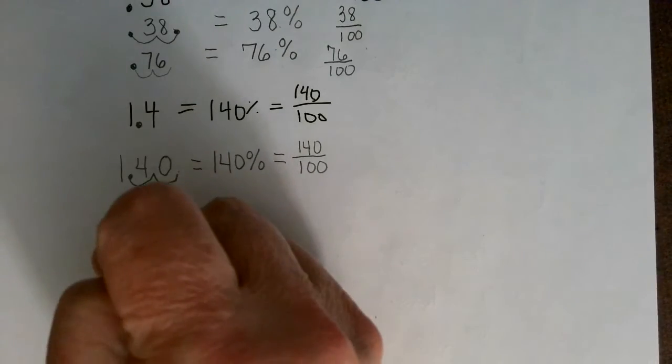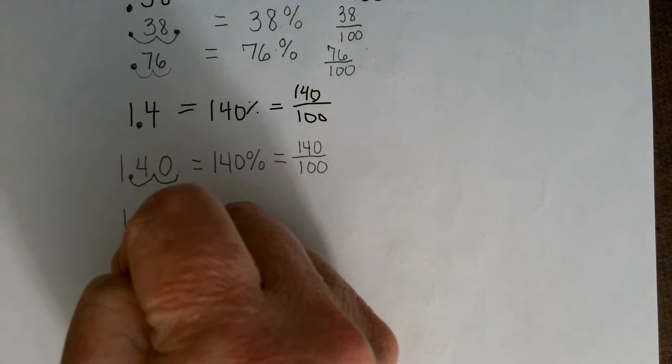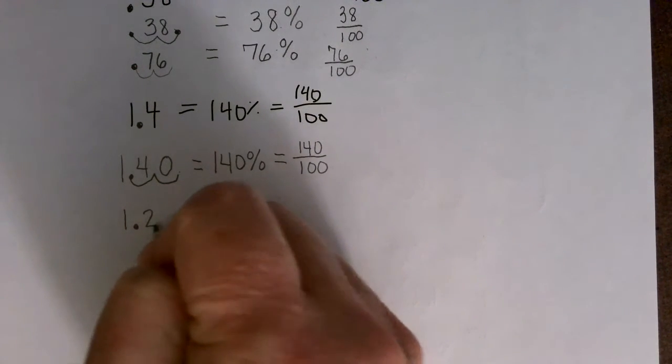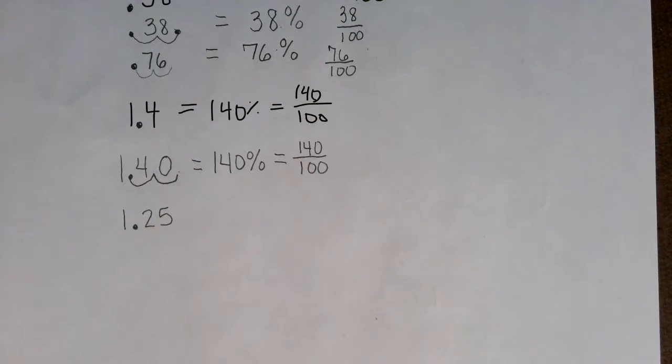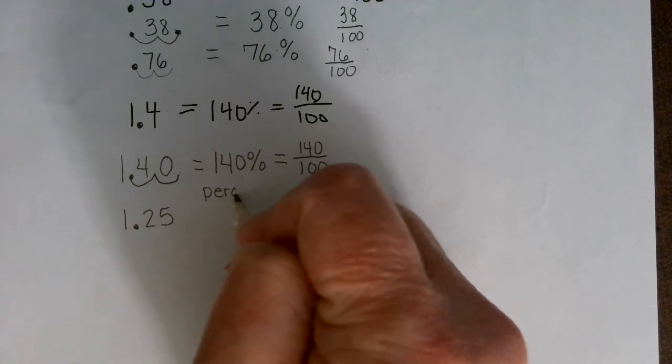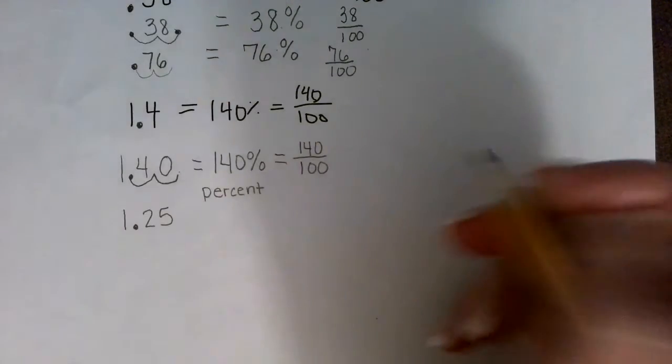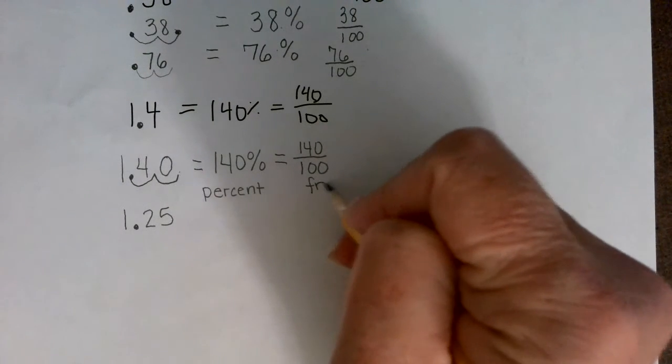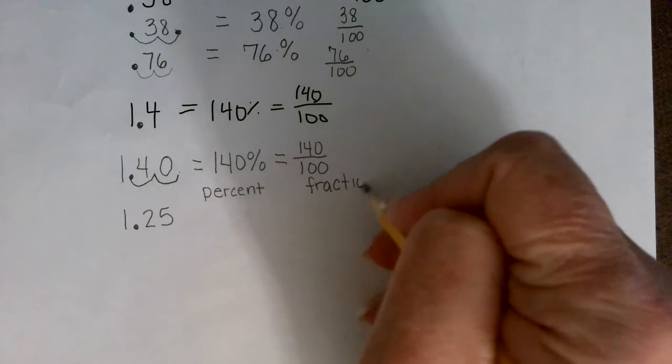So we talked about 1 and 25 hundredths. And we want to write that as a percent and then also write it as a fraction.